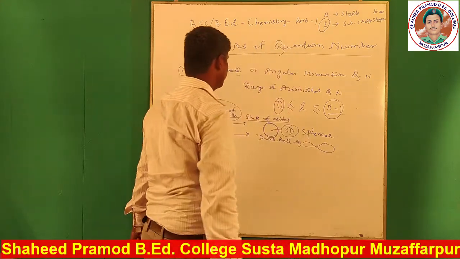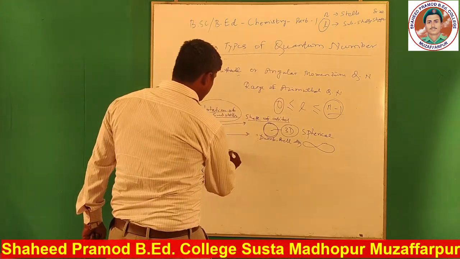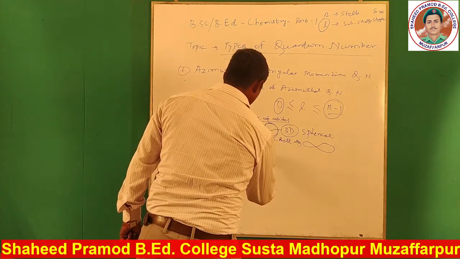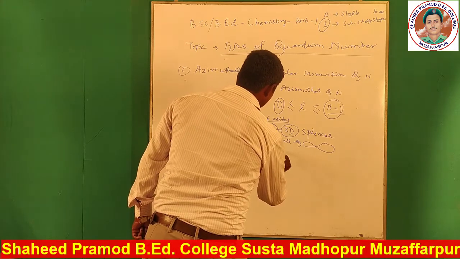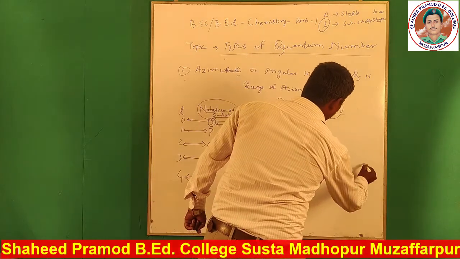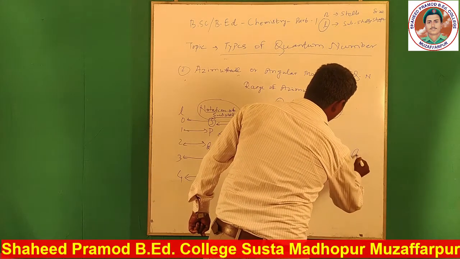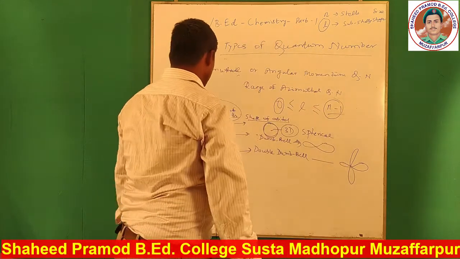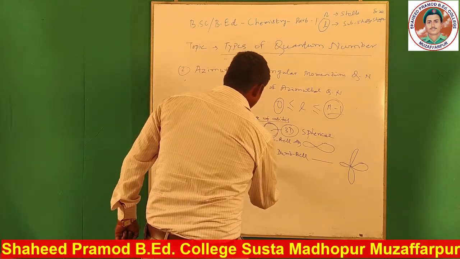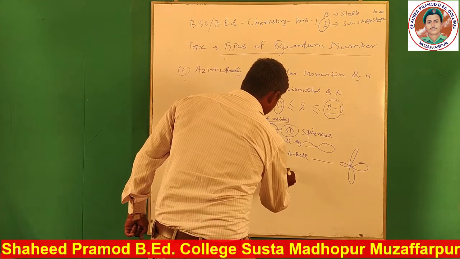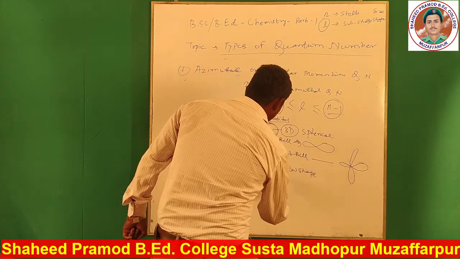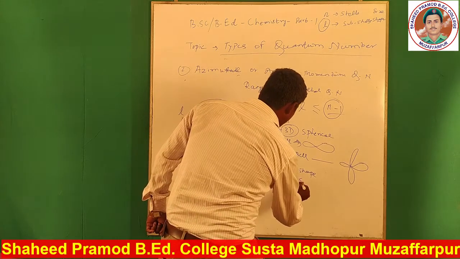For D subcell, the shape of orbital will be double dumbbell. This will be one dumbbell and this will be another dumbbell. And for the F subcell, the shape will be complicated, and this is an eightfold structure.